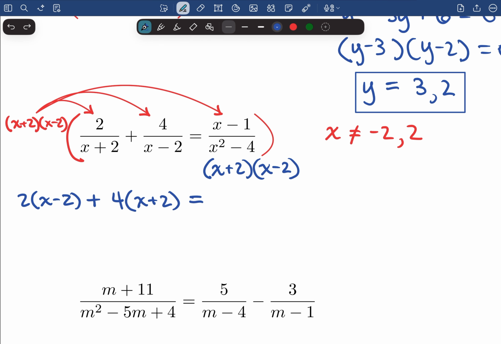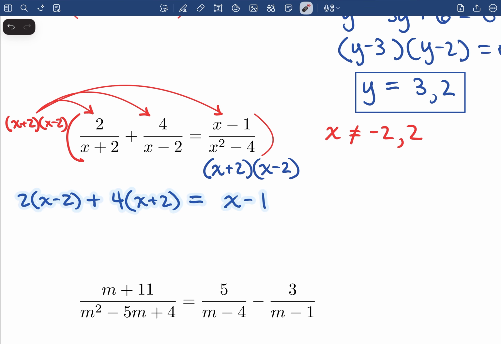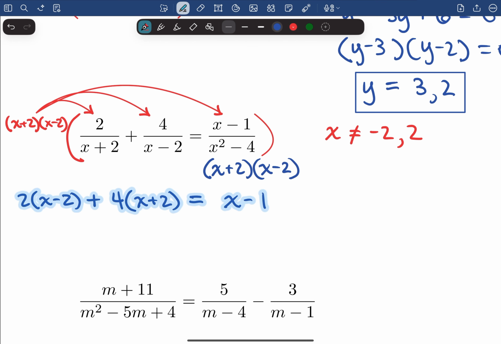And so the result is just the numerator x minus 1, since everything canceled. Great. So that was me multiplying these factors into each of these three rational expressions, and I got this. No more fractions. That's why we multiply by the LCD, to clear the fractions.